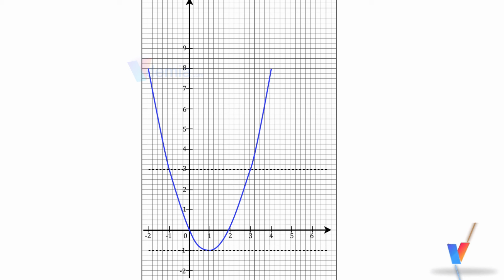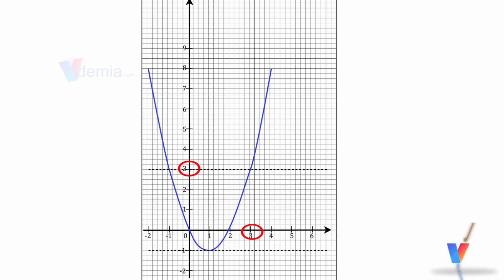When y equals minus 1, x equals 1, and when y equals 3, x equals 3.